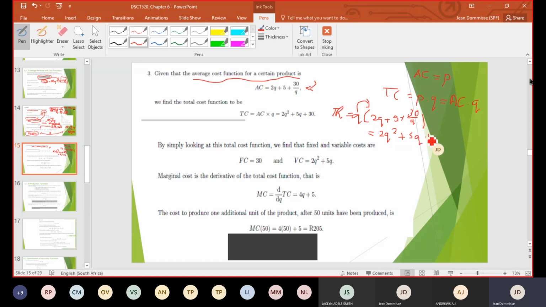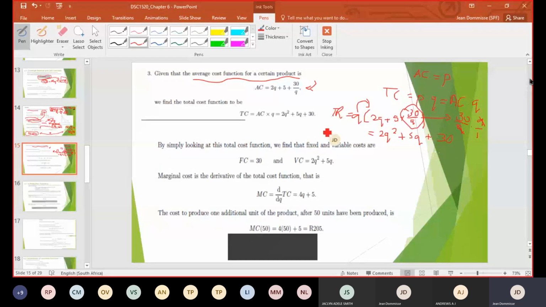And then that, I just want to do here on its own. So 50 over Q times Q, and I would write it as Q over 1. So the Q's will cancel out. So basically, Q times 50 over Q is equal to 50.